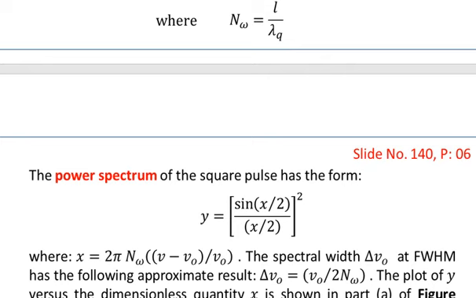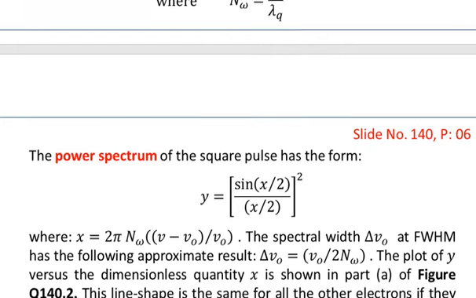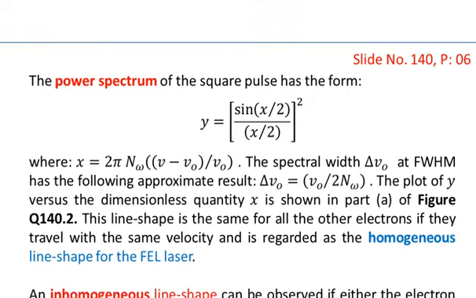And if you take the square of that sinc function, you will actually get the power spectrum of the square pulse. So the power spectrum of the square pulse is of the form power spectrum denoted by y is equal to the square of a sinc function, that is sine of x divided by 2 over x divided by 2.